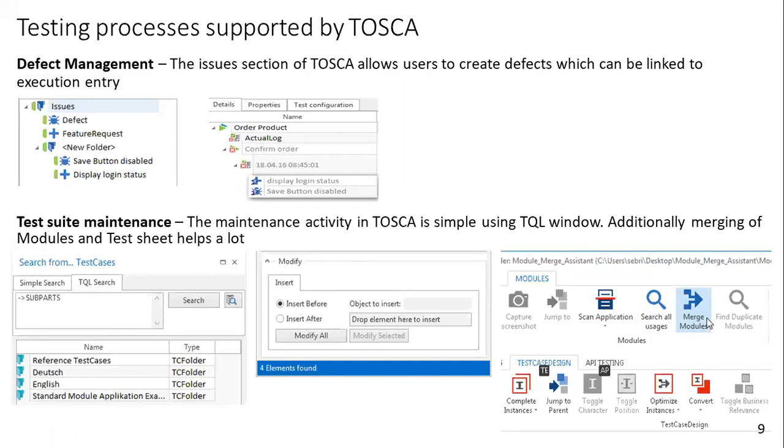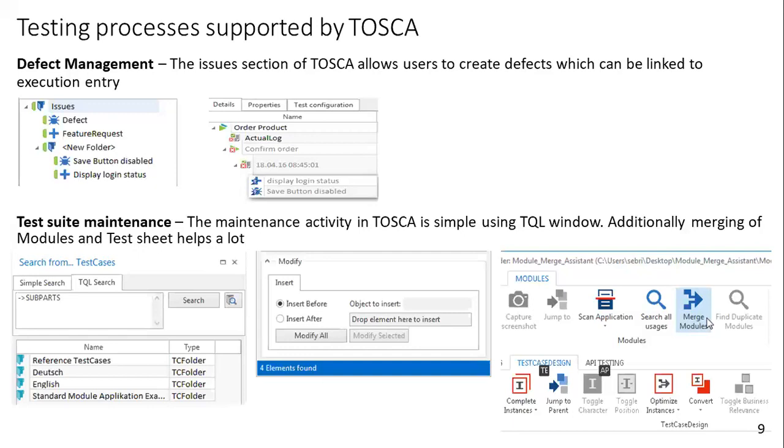Okay. Now, real-time scenario, what happens? You are working on a particular page. Your friend is also working on the same page, to identify test objects. He created one module, and you also created one more module. So you have created a duplicate module for the same page, in two different places.